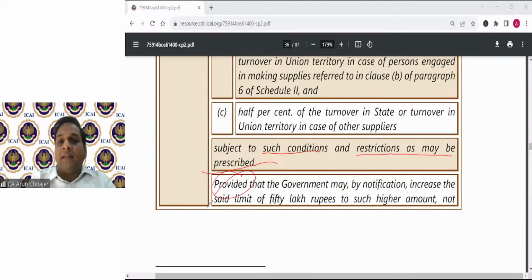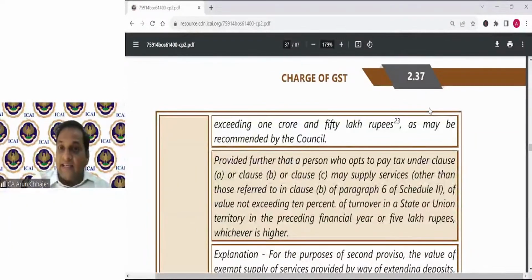The proviso says that the government, by notification, may increase the said limit of 50 lakh rupees to such higher amount, but not exceeding 1 crore 50 lakh rupees.